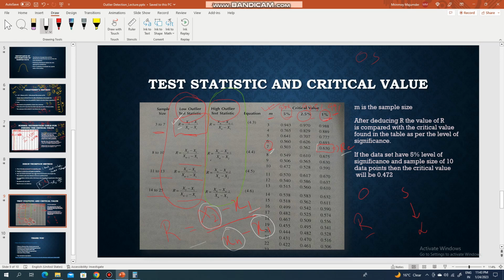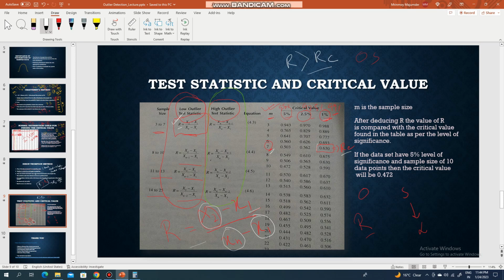So RC will be 0.620. So if x1 in your data is an outlier, then R will be greater than RC. If this is the case, then x1 of your data, the lowest value, is an outlier.